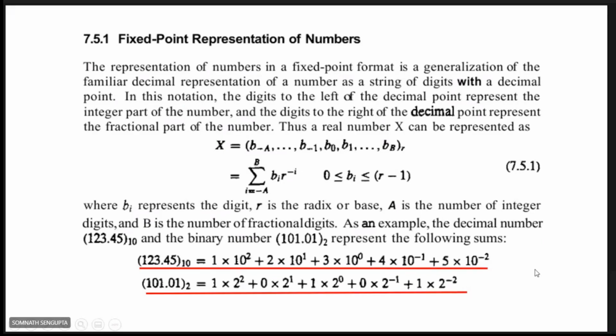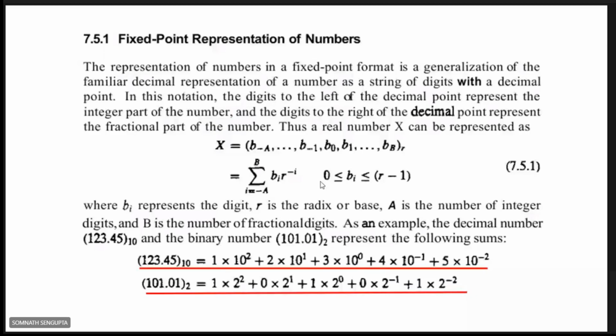So this can be equated with the given equation, x is equal to the sum of b_i into r to the power minus i, where b_i represents the particular binary digit, and r is the radix or base. Okay, if it is decimal, then r is equal to 10. If it is binary, then r is equal to 2.